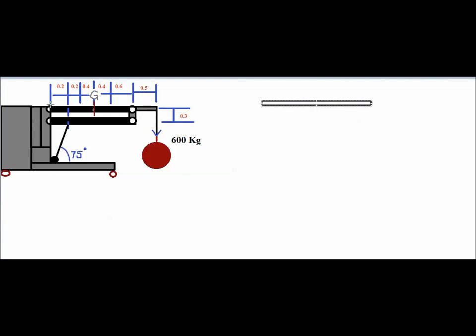You have to see how many portions there are in this question which have to be taken into consideration. So there are two beams. This is the first beam, this is the second beam, and then this is the third beam. There are three different portions, and we have to analyze them.